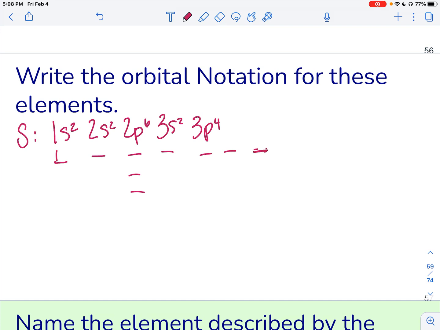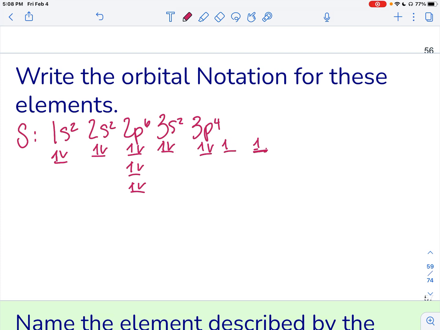And then for each electron, you're going to put an arrow or a half arrow. And you remember that one needs to be pointing up and one needs to be pointing down to show the opposite spins. And then you hopefully also remember that when you have multiple orbitals that are in the same subshell, you put one in each orbital before you double up.